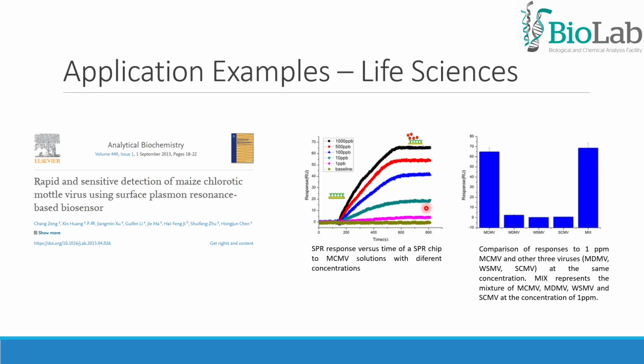They concluded that the detection limit was approximately 1 part per billion, which is about 2 orders of magnitude lower than that of the existing ELISA method. And the developed SPR sensor showed highly specific recognition for both purified MCMV and crude extracts from real-world samples.